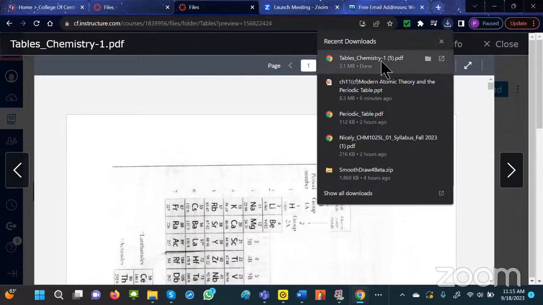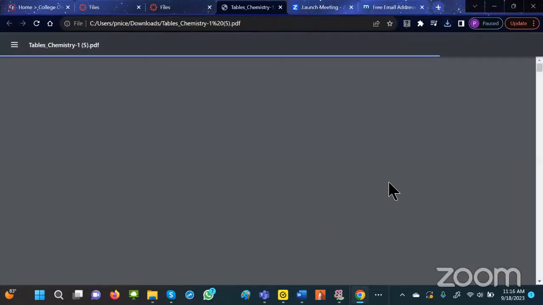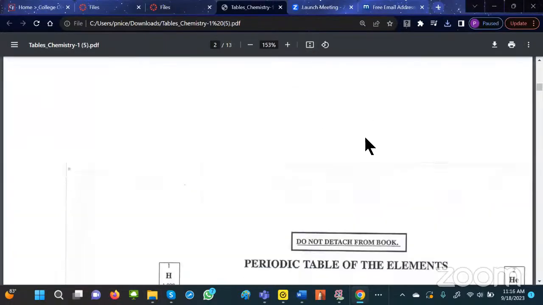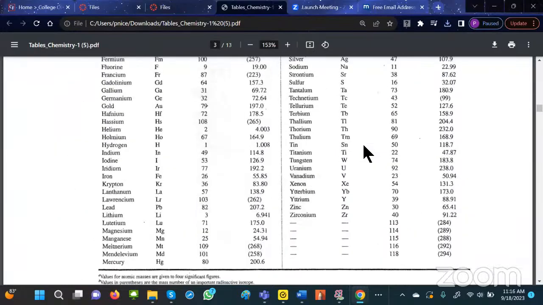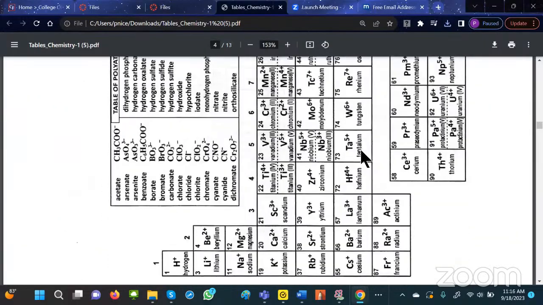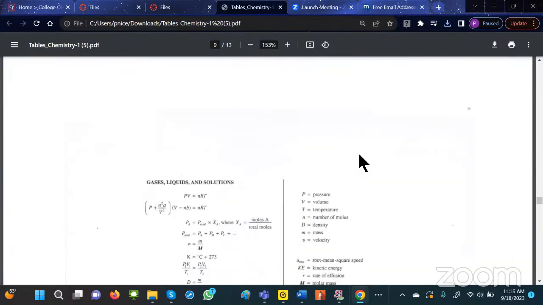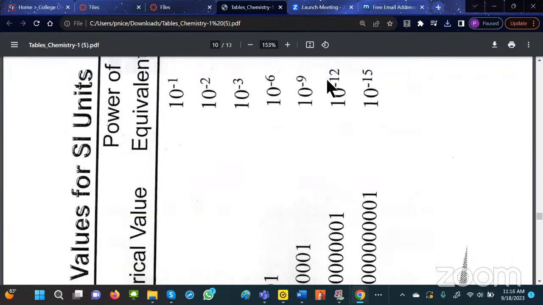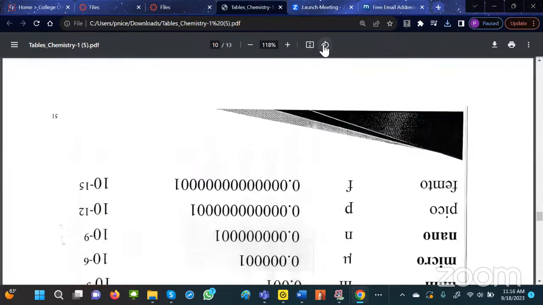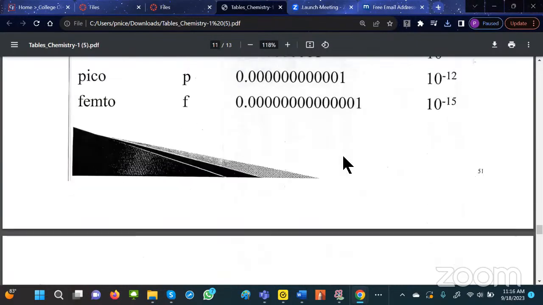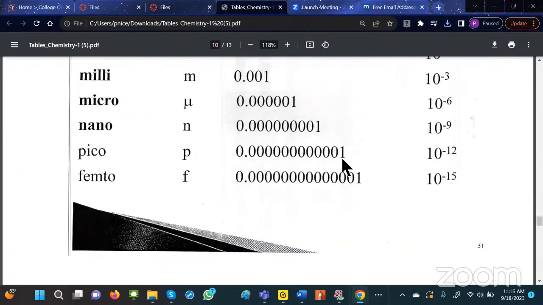This. Okay, so this table here, let me turn it around right side up. Okay, so there are two pages. You have this page and then you have this page right here, right?